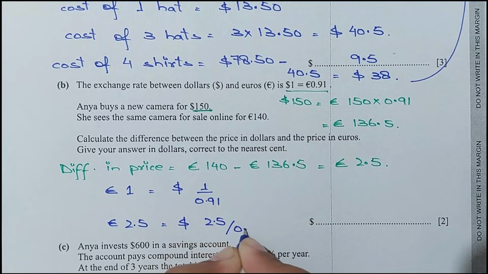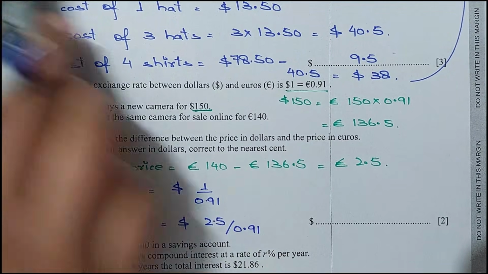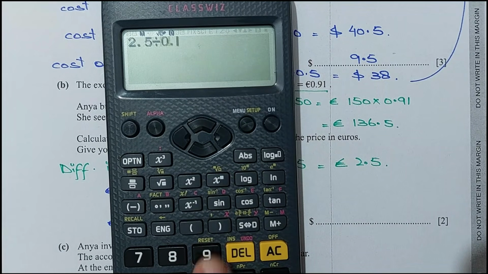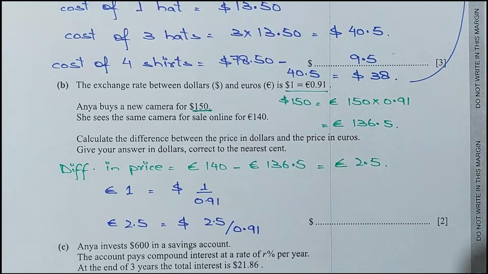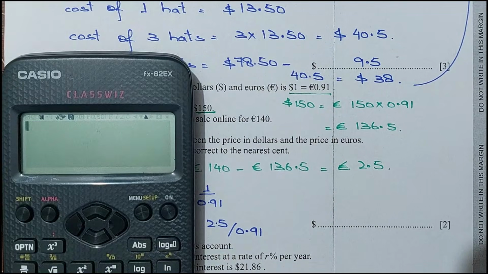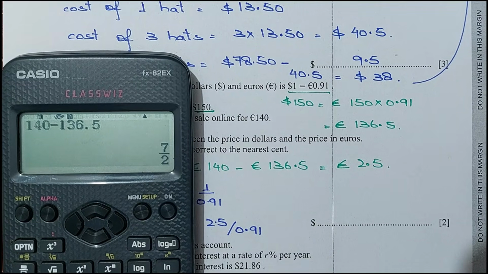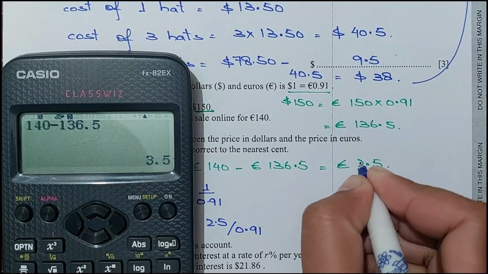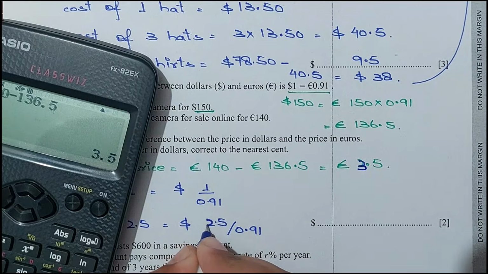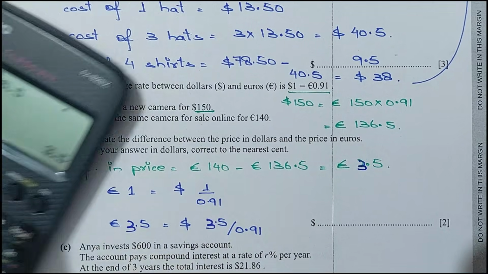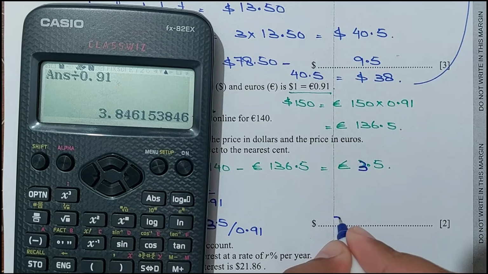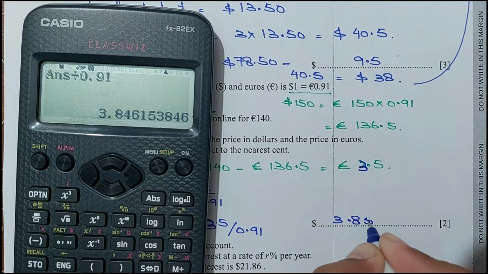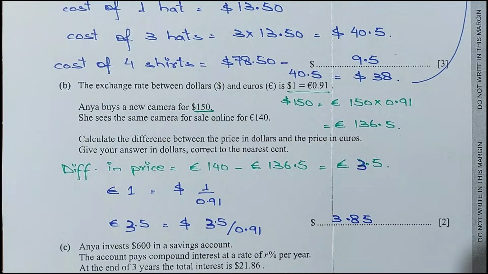Sorry, this is not 2.5, it's 3.5. 140 minus 136.5, I calculated 3.5 but I wrote 2.5. It is 3.5, and 3.5 divided by 0.91 is this much. So $3.85, we can say, after rounding.